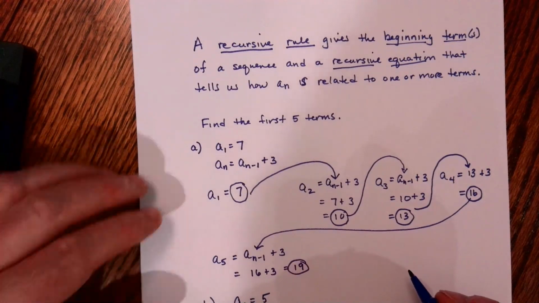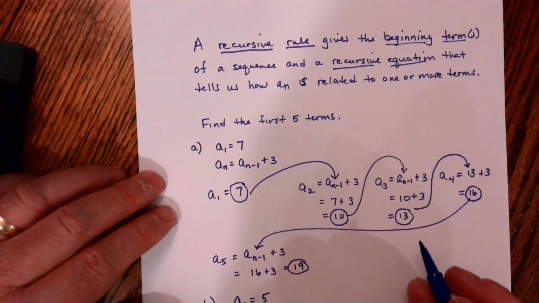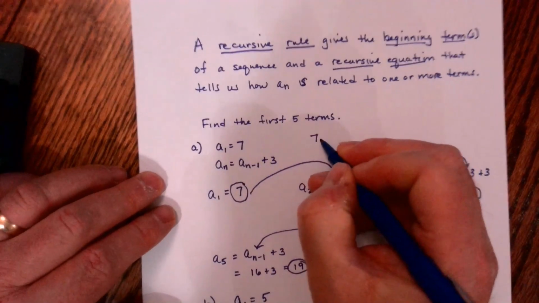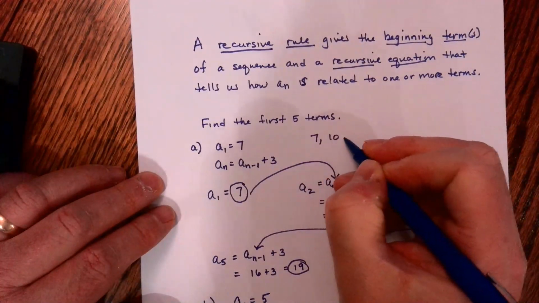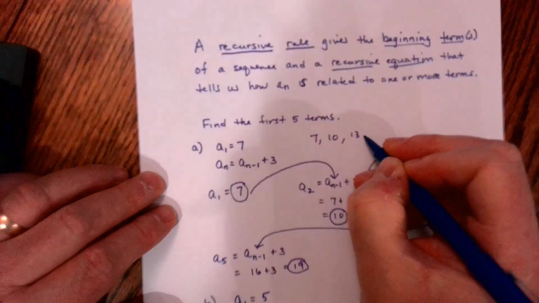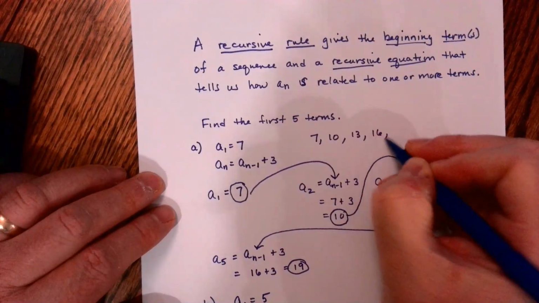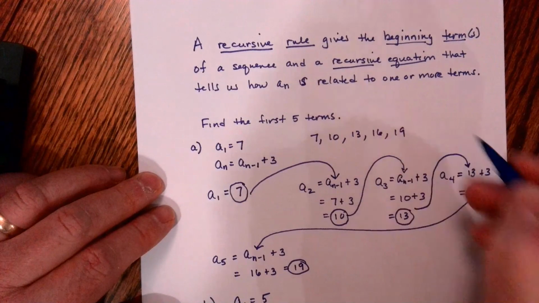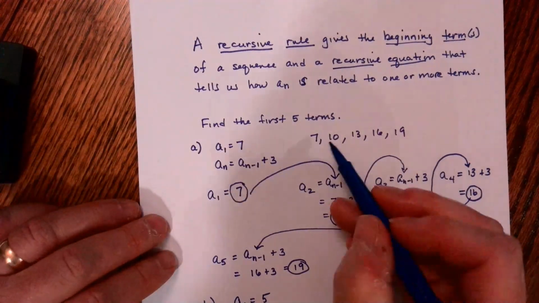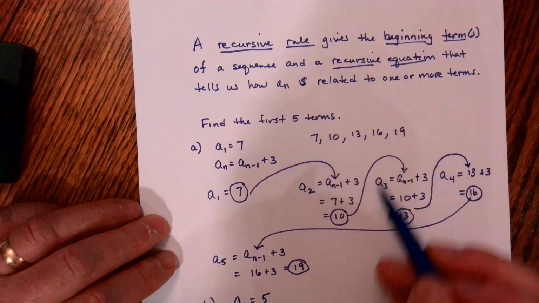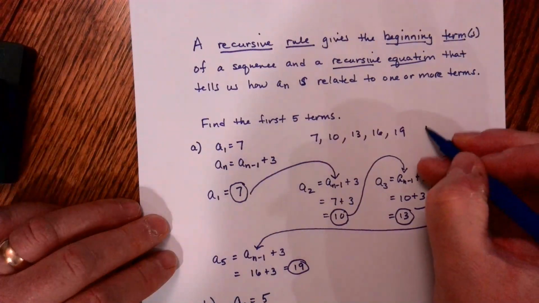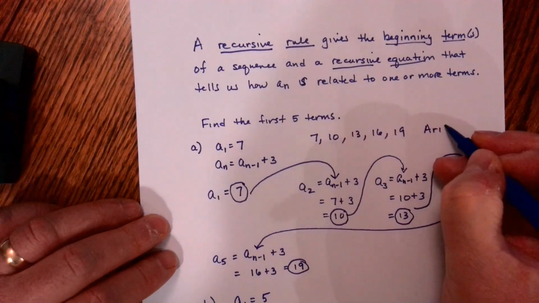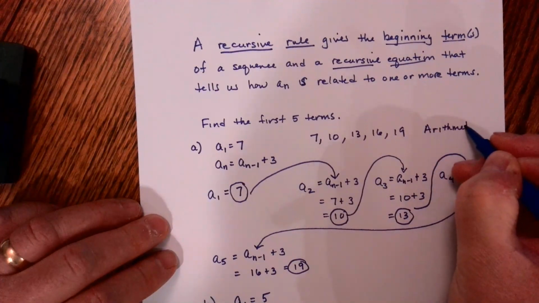So the first 5 terms of this sequence would be 7, 10, 13, 16, and 19. I think it's easy to see that these are increasing by 3. So we could even go ahead and conclude that this is an arithmetic sequence.